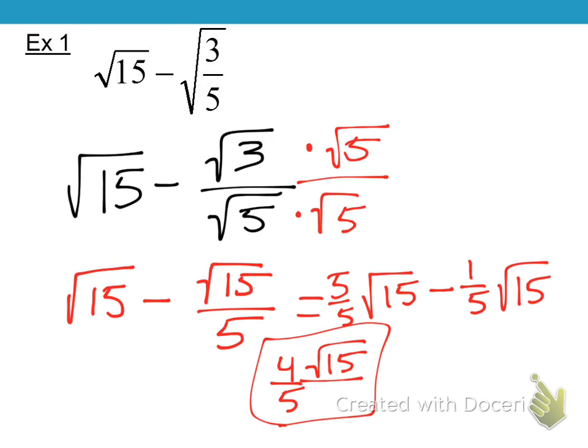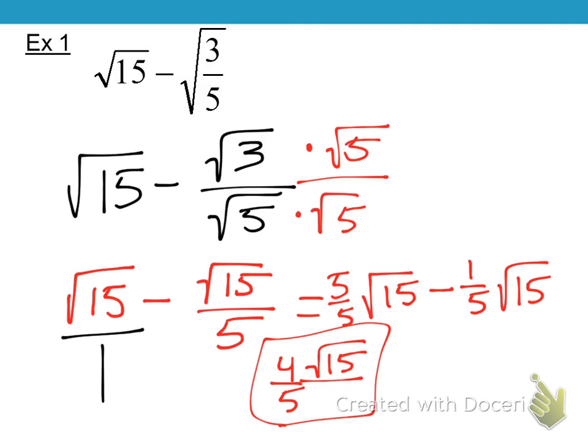Why did you have the 5 instead of the 15? So to me, this step right here, I'm not really sure how to subtract these. I guess the other way to do it would be to put it over 1 and then do common denominators.